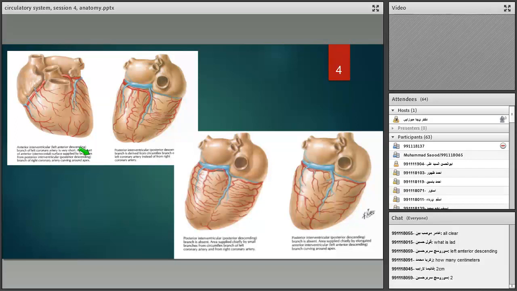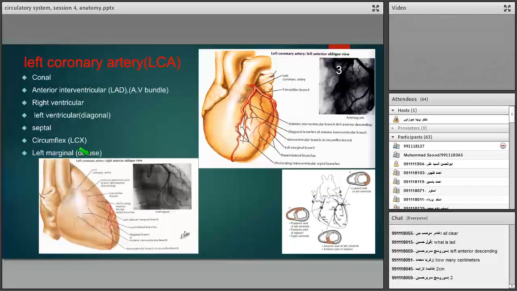Most of the time, in a typical form, the anterior interventricular artery is large, turning around the apical notch and anastomosing with the posterior interventricular branch at this part, okay? Most of the time it is in this form. It's a typical form. But sometimes the anterior interventricular branch is small. Listen please.